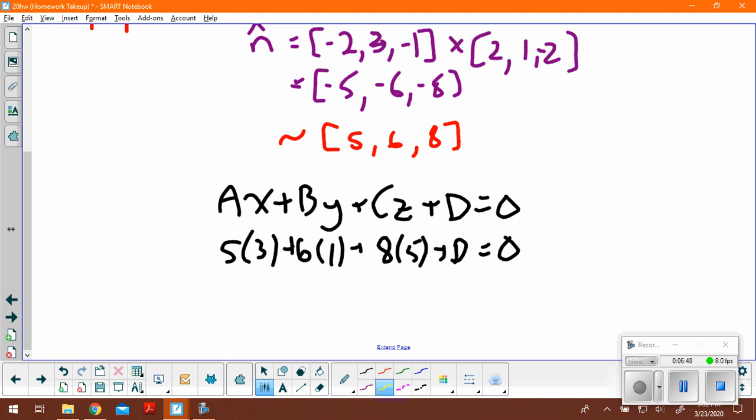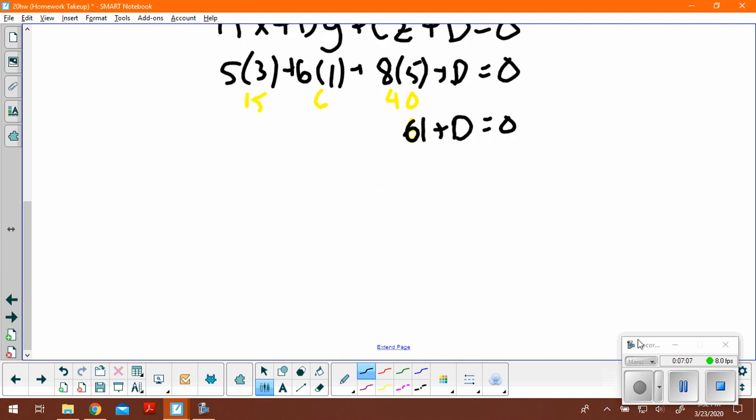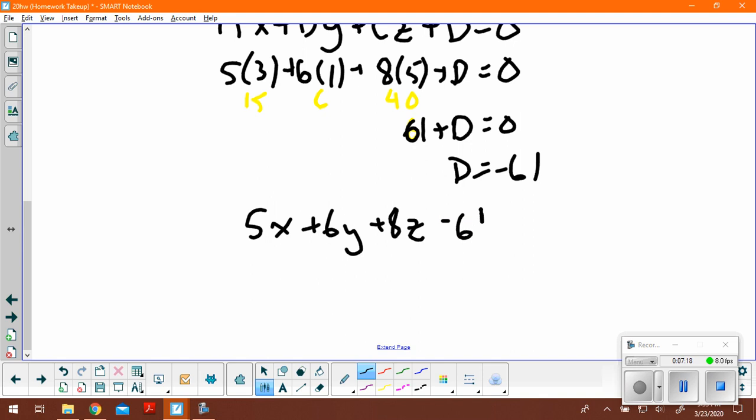So 15, 6, 40. So I've got 61 plus d equals 0. So d is negative 61. So I've got 5x plus 6y plus 8z subtract 61 is equal to 0.